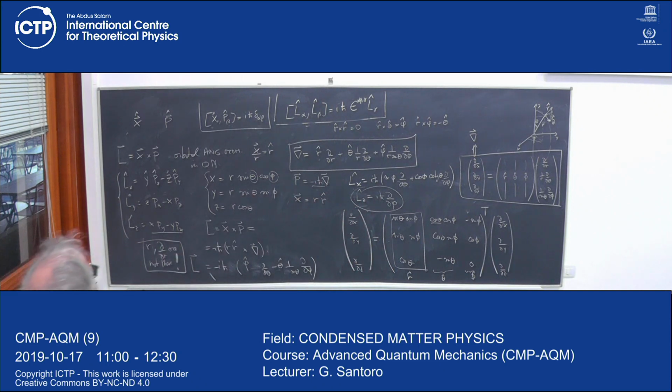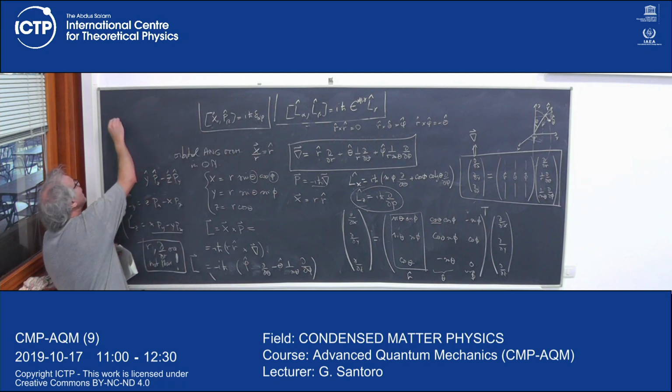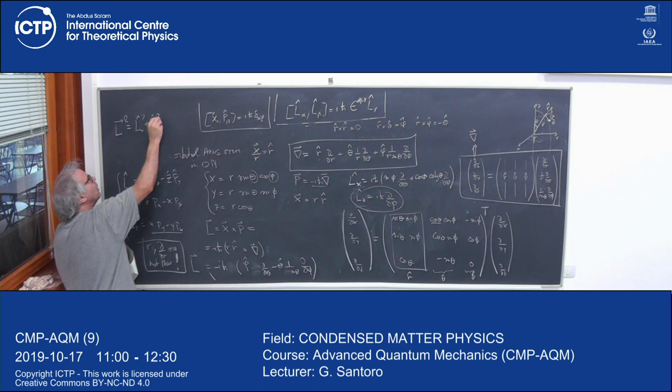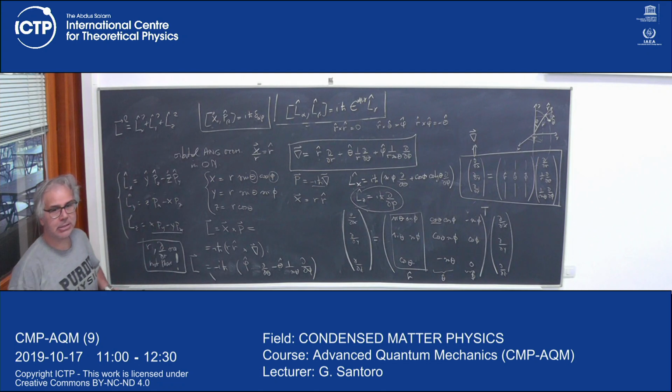Obviously, there is another object that will be useful in a while, which is what is called the total angular momentum, the square angular momentum, which is Lx square plus Ly square plus Lz square. We'll see that this plays a very important role in a while.